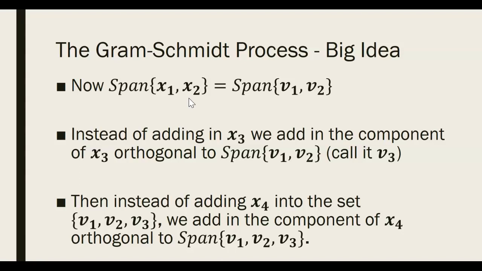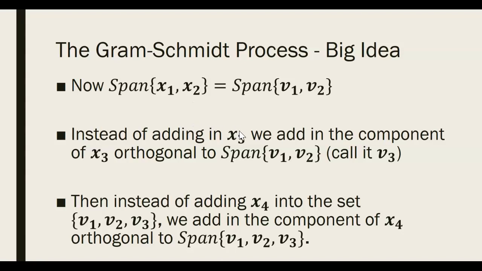Then we let x1, x2 be. Now, since x1 is equal to v1 and v2 is the orthogonal component with respect to x2, we know the span of v1, v2 is the same as x1, x2.